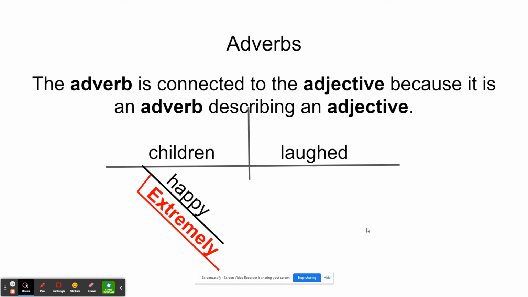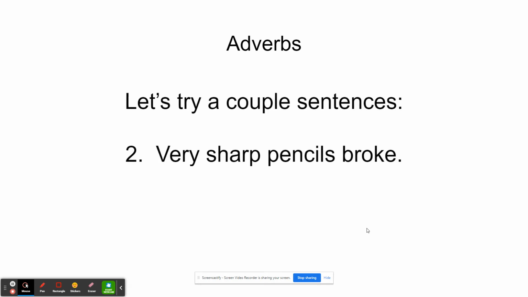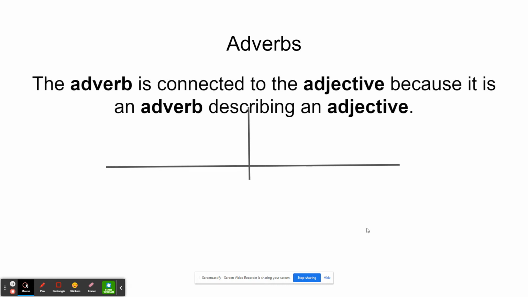Let's try another one. Very sharp pencils broke. Let's begin with that core. Are you ready? What action is happening? Right. Broke. Who or what broke? Correct. Pencils. Scholars, there's the core to our sentence. Pencils broke.